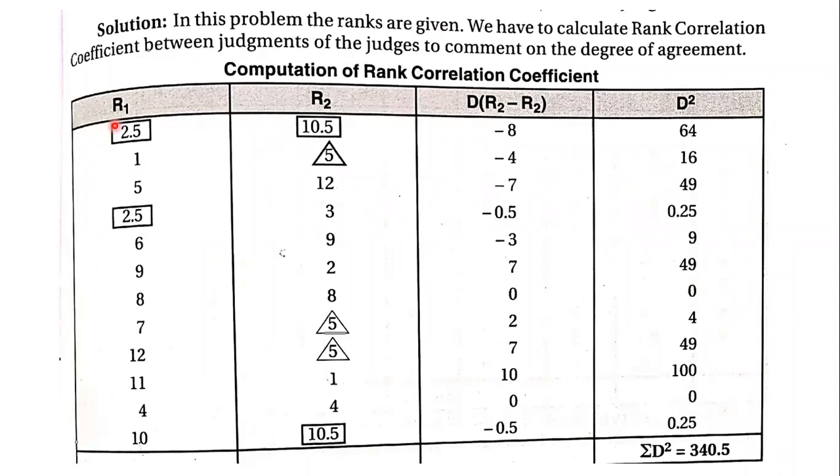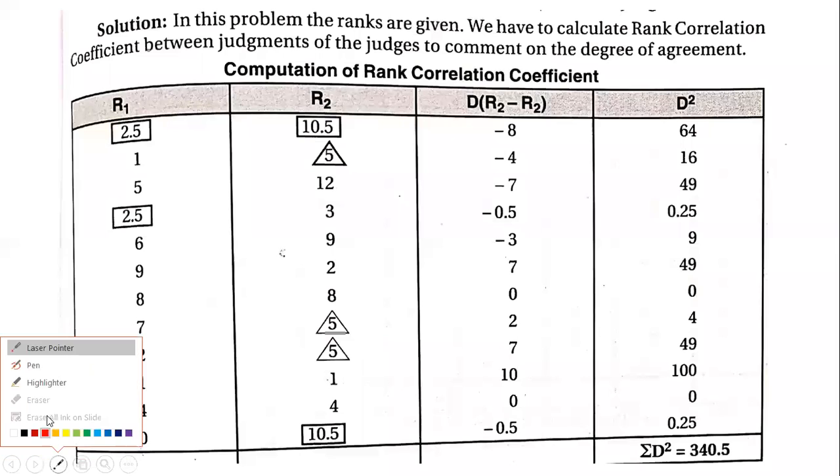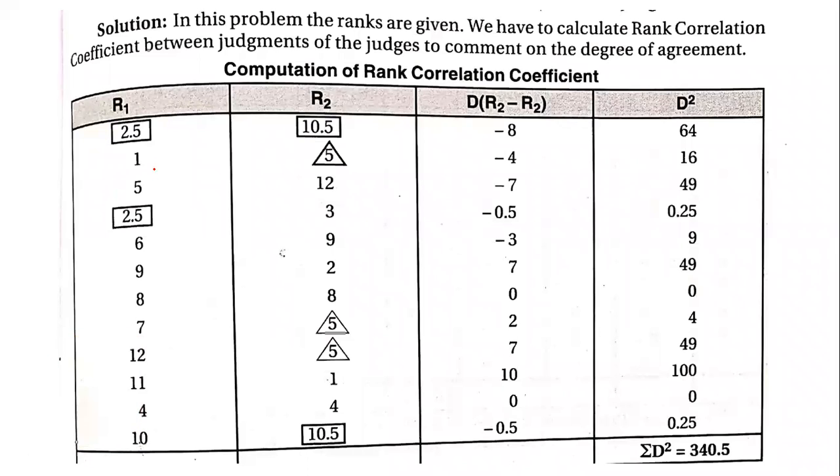Now if you copy down the ranks from R1, R2, that is from your question, go through the ranks. Let us see how many ranks are there for 12 people. 1, then there is no 2 or no 3, but there is 2.5 and 2.5. So let us take 2, 3. Okay.